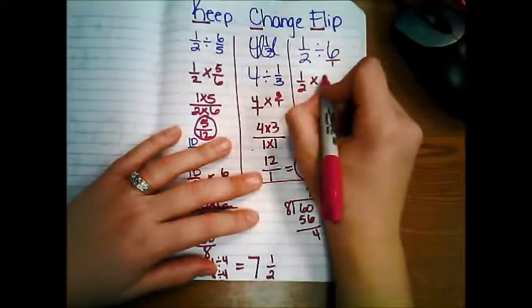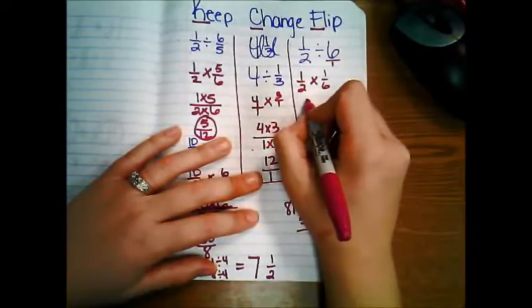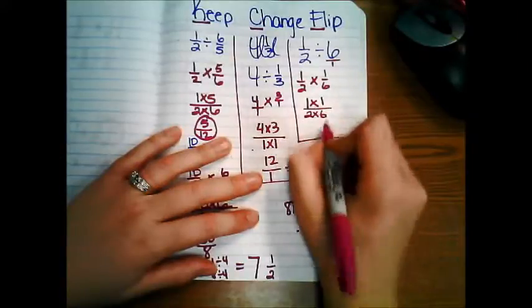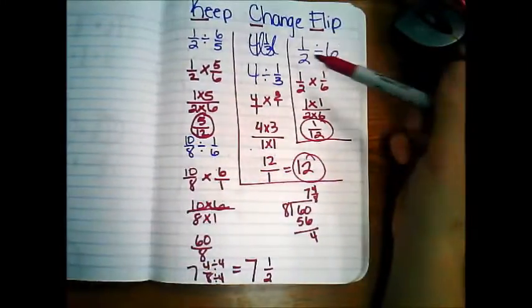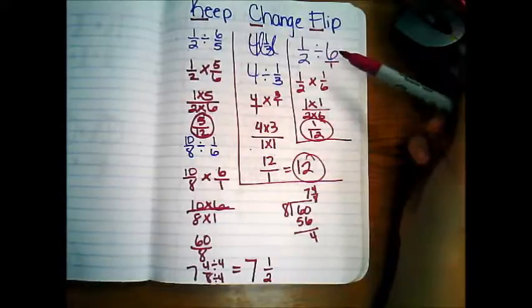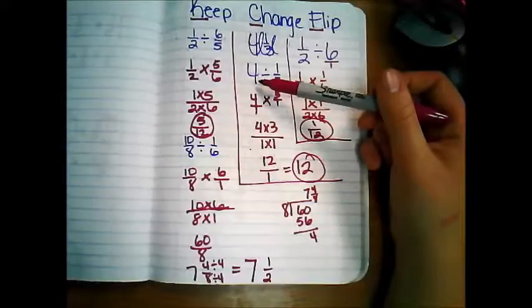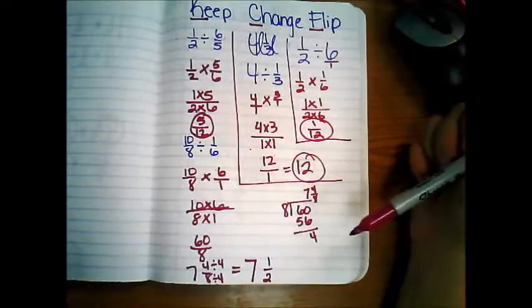So now we'll flip that. So instead of 6 over 1, it's going to be 1/6. So now we multiply across. 1 times 1, 2 times 6. That is 1/12. See how we had that fraction first divided by a whole number and our answer was a fraction? And here we had that whole number divided by a fraction and our answer was a whole number.